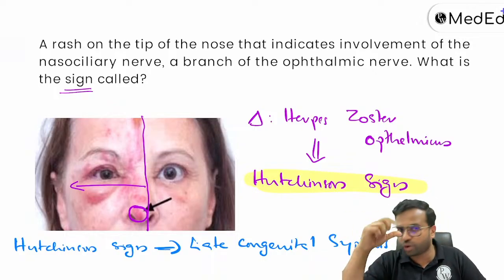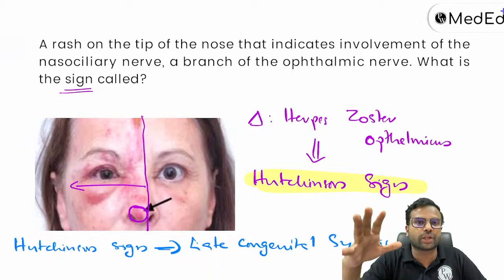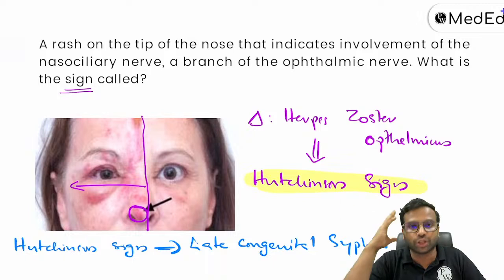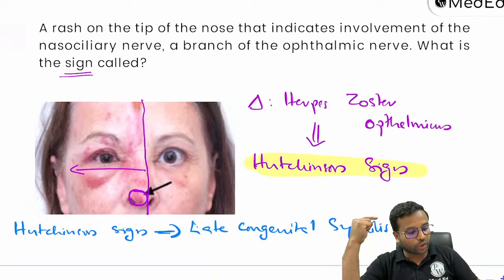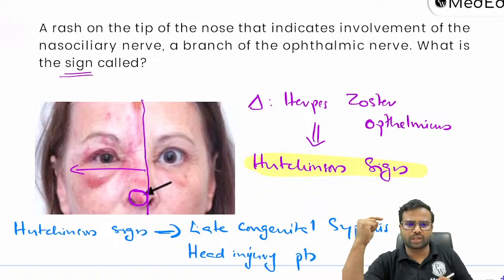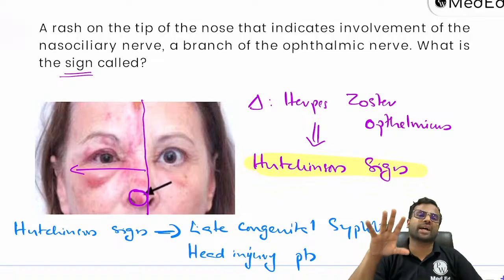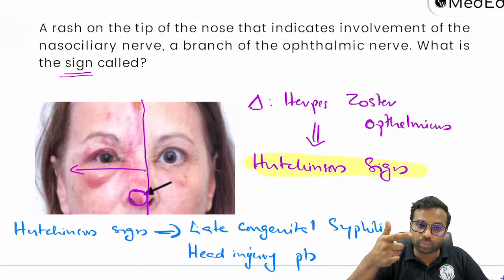Also, there is one more that you must have learned in surgery, where a patient presenting with a head injury has an unequal reaction of the pupils of both eyes. So that can also be seen in head injury patients. In surgery, Hutchinson sign means something else, the unequal reaction of the pupil because of head injury.